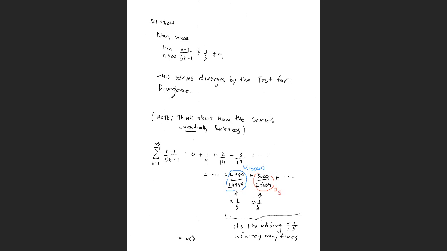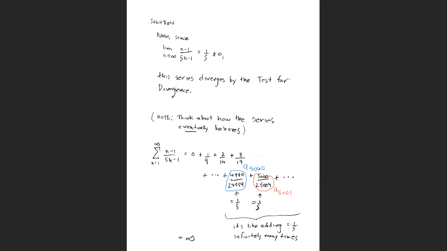If you compute those terms on your calculator, 4,999 divided by 24,999 is 0.19967, which is pretty close to 0.2.